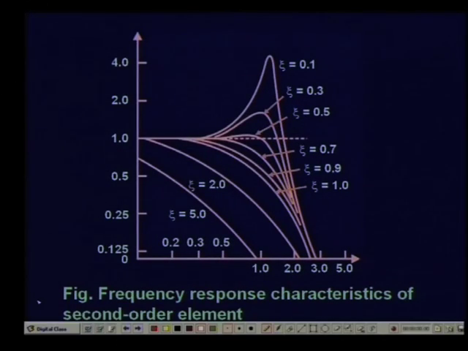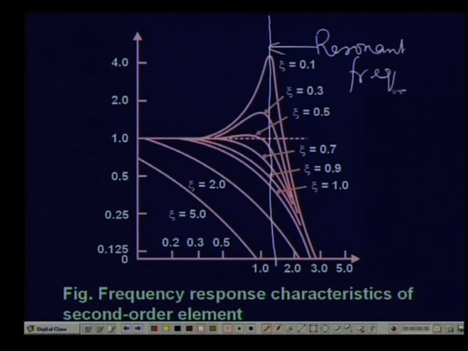You see that the gain actually changes with frequency, and for underdamped systems the system tends to resonate. This is the resonant frequency. If you give a sinusoid close to the resonant frequency, then you get a huge output. On the other hand, for an overdamped system there is no such resonance.